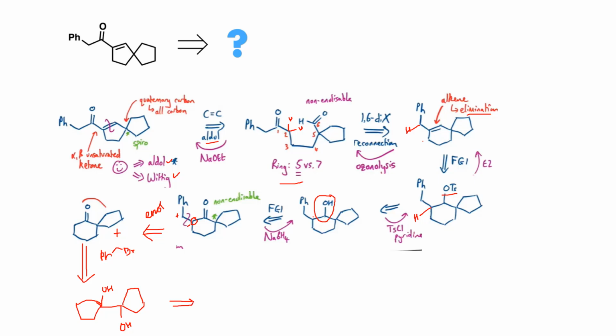Again, this diol can be synthesized from cyclopentanone. So what will be the forward synthesis of this compound? We'll start from 2 molecules of cyclopentanone in presence of magnesium.